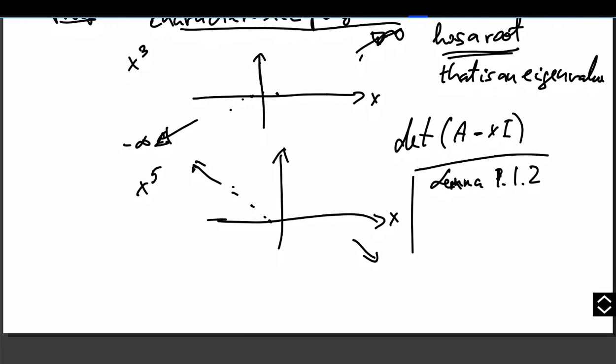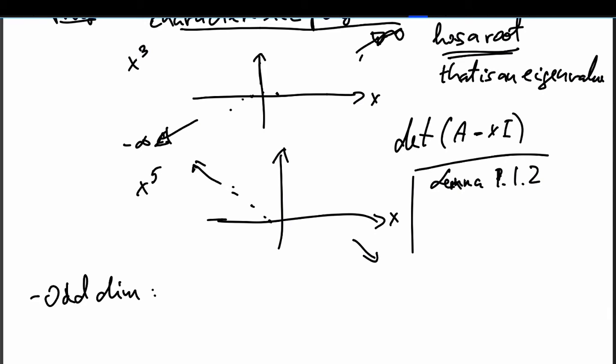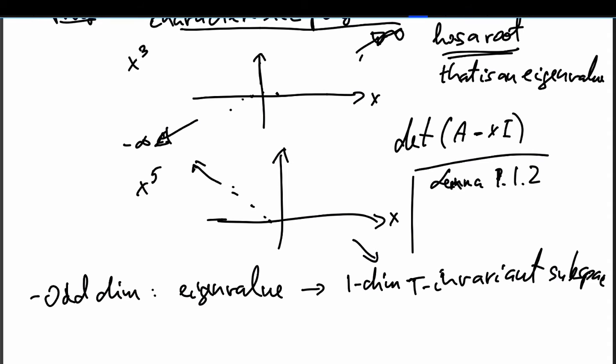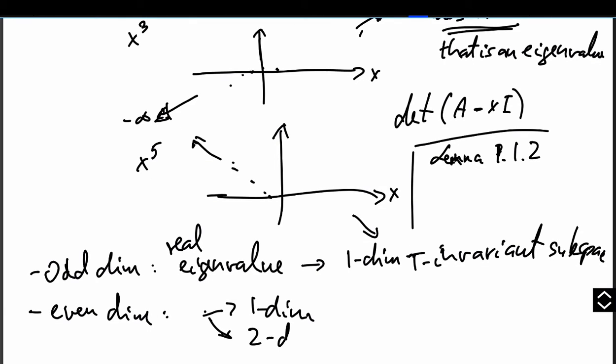If we have odd dimension, then we have for sure a one-dimensional T invariant subspace. If it's an even dimension, then we might not have a real eigenvalue. Still, we know that we have either an eigenvalue and then a one-dimensional invariant subspace, or if there is no real eigenvalue, then we have a two-dimensional T invariant subspace.